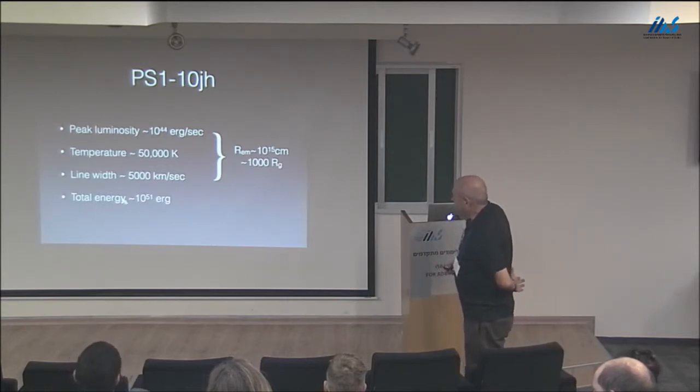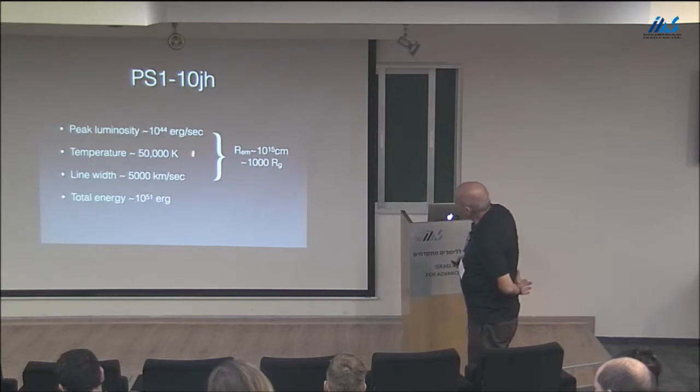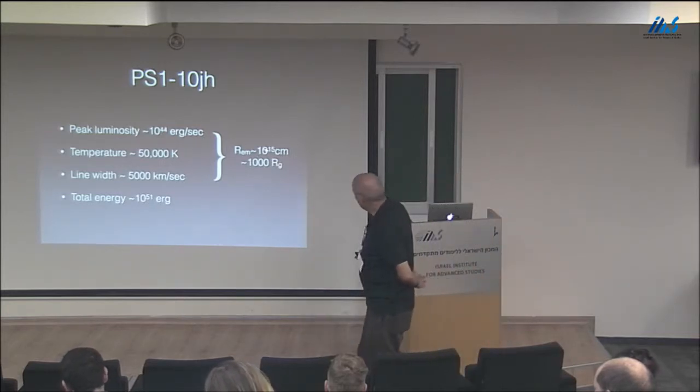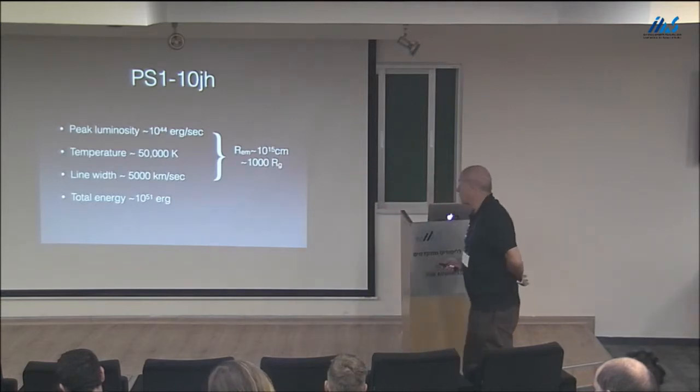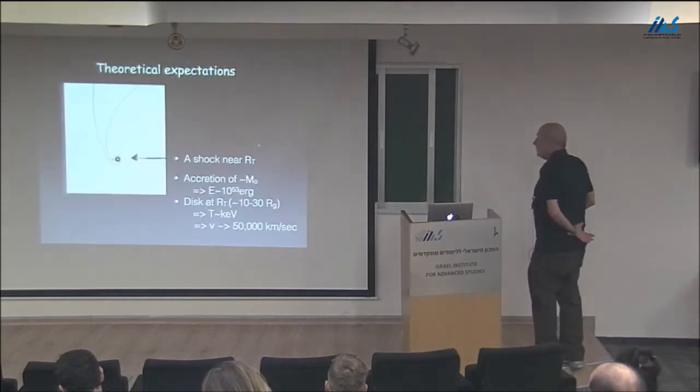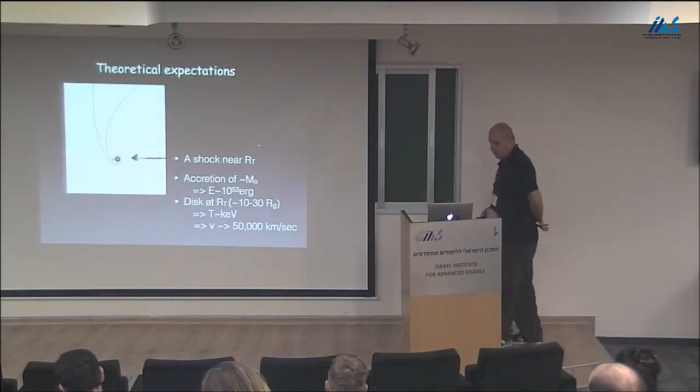And the total energy release is 10^51 ergs. If you combine these three factors together, then the expected emission radius, from simple black body arguments, is around 10^15 centimeters, which is about 1000 Rg for this system. So this is definitely not what we expected.